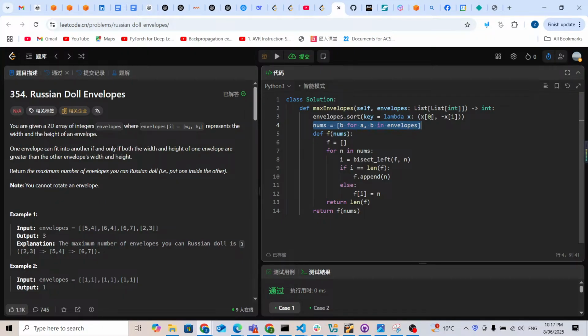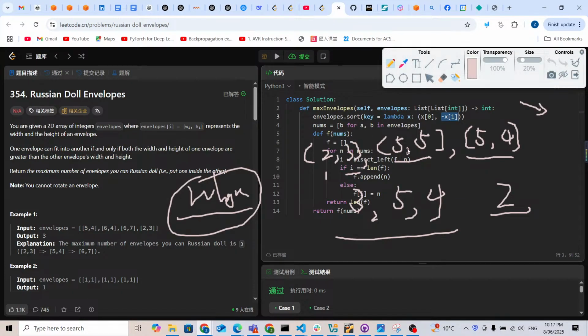Because the first index has been sorted in increasing order, and the second index is sorted in decreasing order, we just need to find the second index, like 3, 5, and 4. For the first index, it always meets the condition. Maybe you're going to wonder, for the first index, this is 5, this is 5, is that okay?